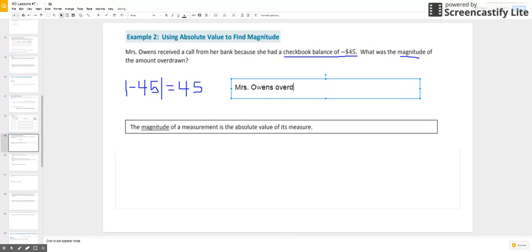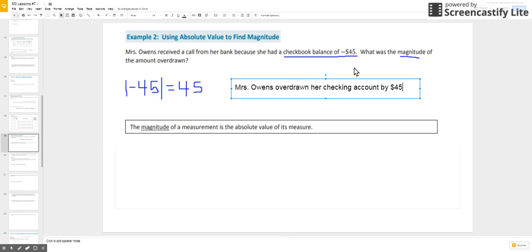Mrs. Owens overdrew her checking account by $45. So that was the magnitude of her overdrawn account. To be overdrawn means you simply spent more money than you have in your account. She has a -45 balance, so she didn't have it, so she owes it.